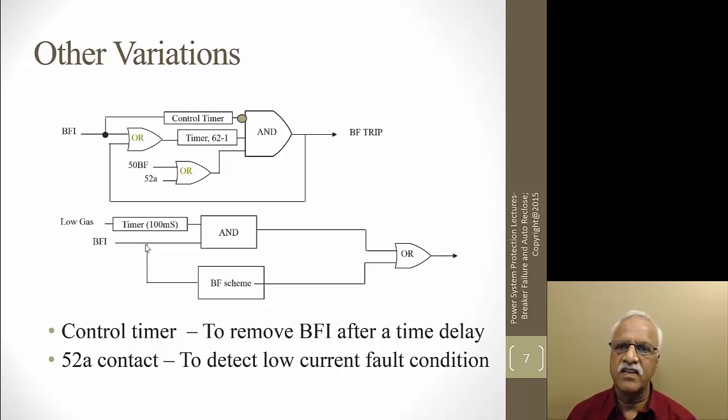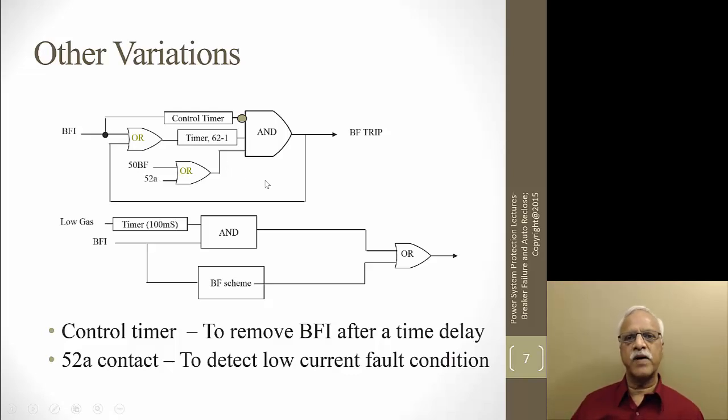If there is a fault and there is not much current, or some faults in the generator do not produce currents higher than the load currents, under such conditions we use the 52A contact, the breaker status. Also, if the breaker was closed, then either the overcurrent is higher than the set value, or if the breaker is closed, we allow the breaker to trip.